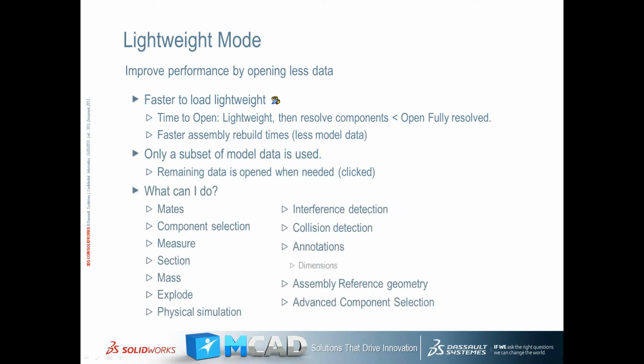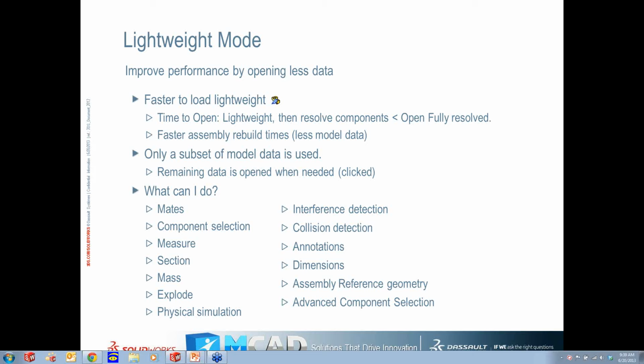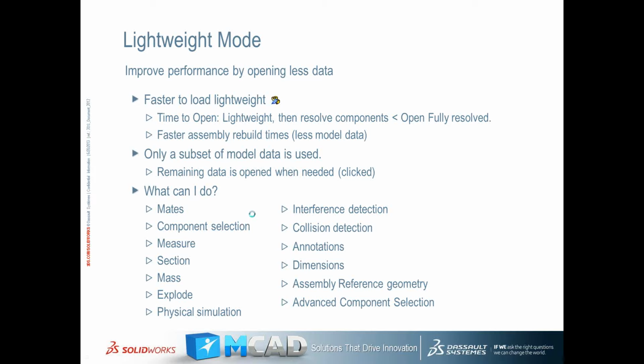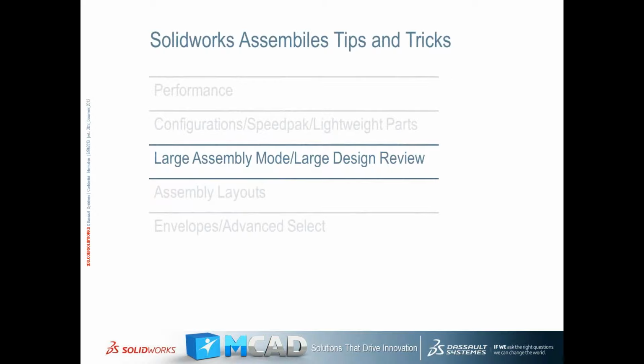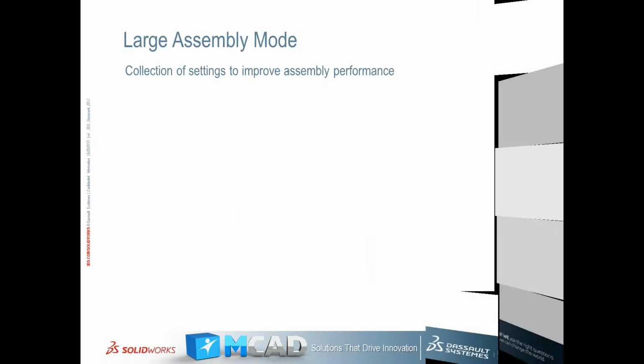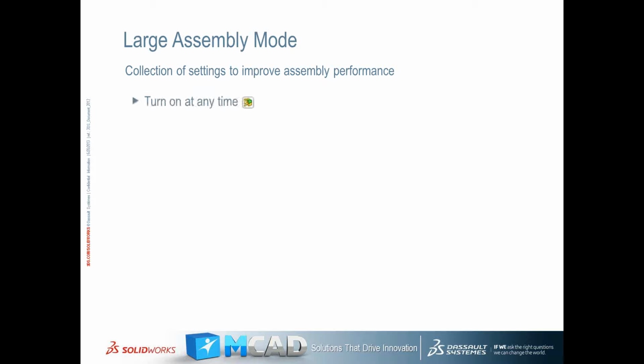So in lightweight mode, what can you do? And the answer is pretty much everything. And then again, for large assembly mode, essentially, it's a collection of settings that's going to help you improve assembly performance.